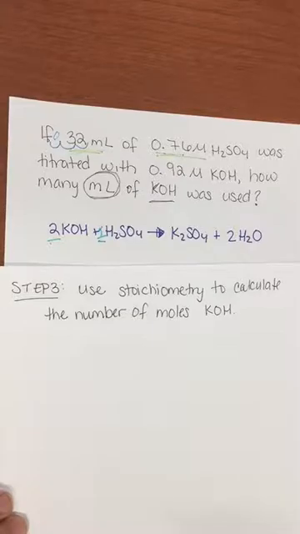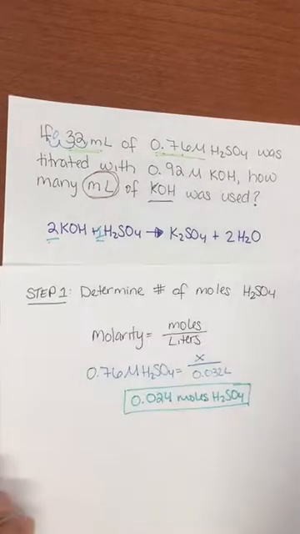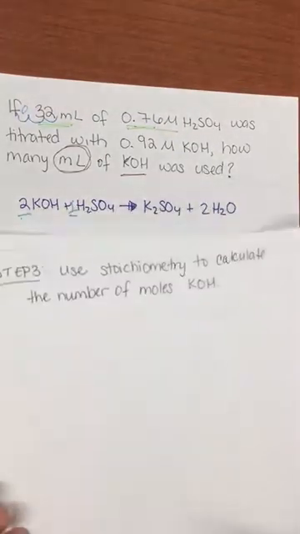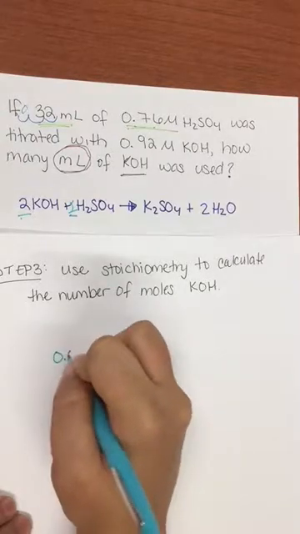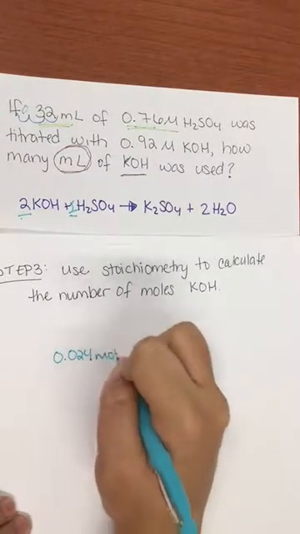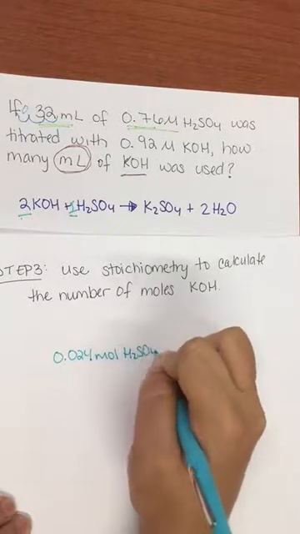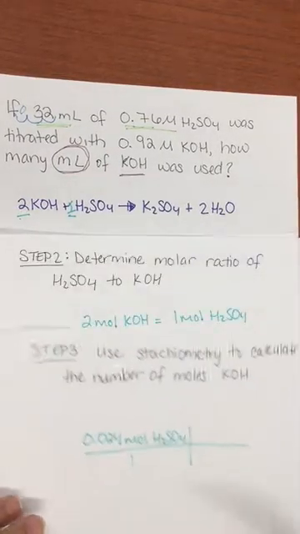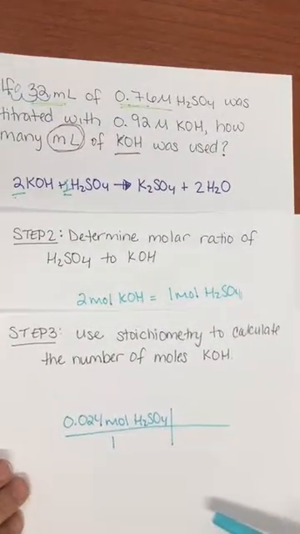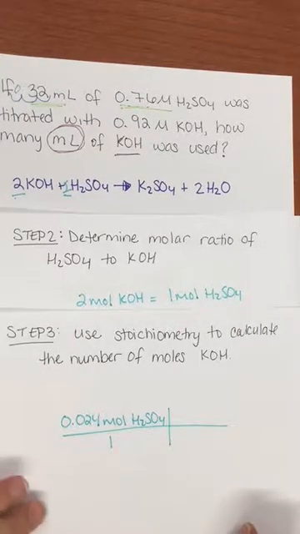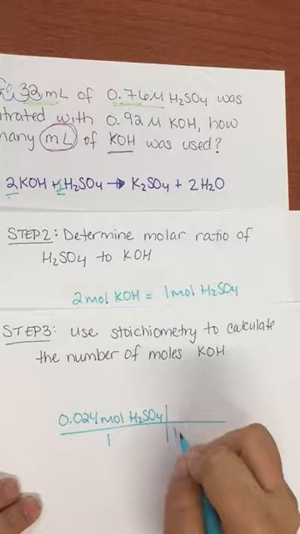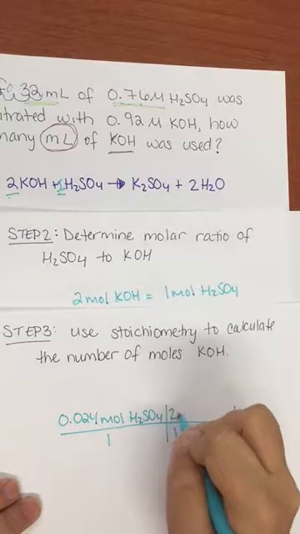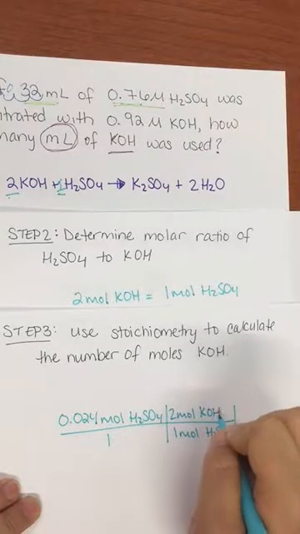So if I go back to my first step, I had 0.024 moles H2SO4, so that is my starting point. I have my molar ratio of 2 moles KOH equals 1 mole H2SO4. So I put 1 mole H2SO4 on the bottom, 2 mole KOH on top.